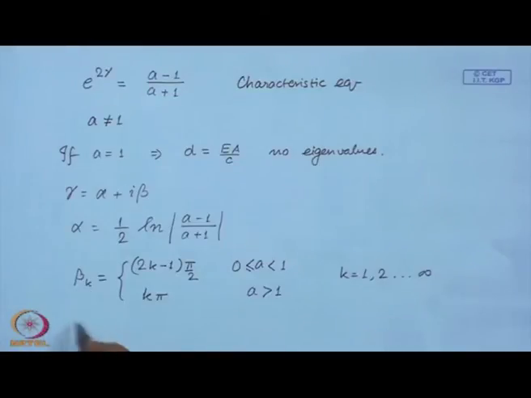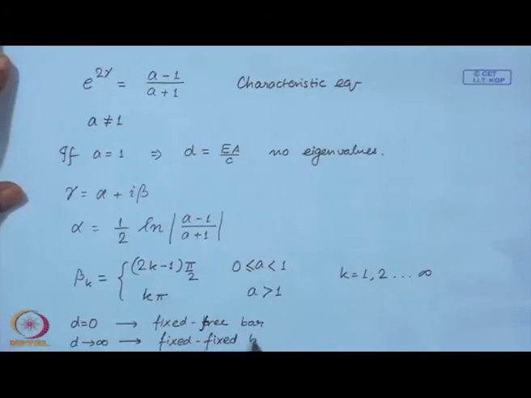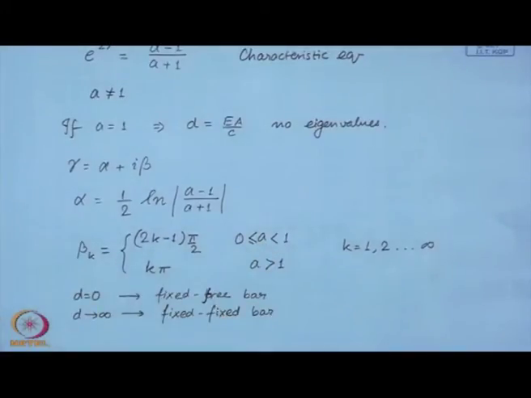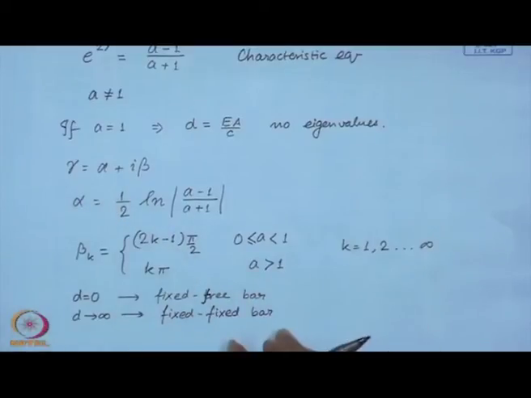You can check that if you put D as 0, you get the eigenvalues of a fixed free bar, and if you put D as infinity, then it is a fixed bar. That can be checked from these solutions of gamma that we have obtained.